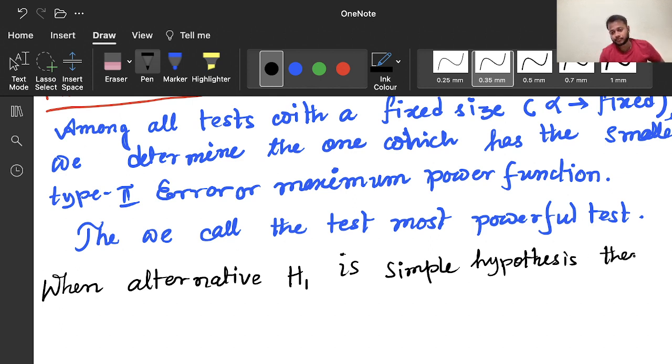Then the power, that is 1 minus beta, where beta is the second type of error, is a constant.